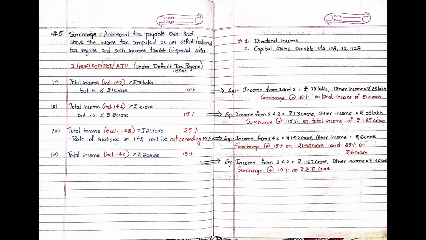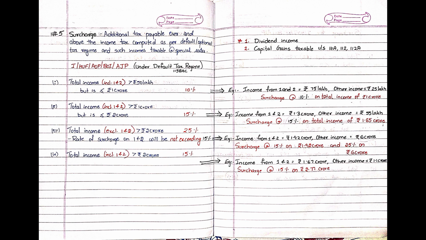For example, income from 1 and 2 is rupees 1.92 crore. The other income is 6 crore. The total income has exceeded rupees 2 crores. In such a case, look at this, guys. The total income excluding 1 and 2 has exceeded 2 crores.